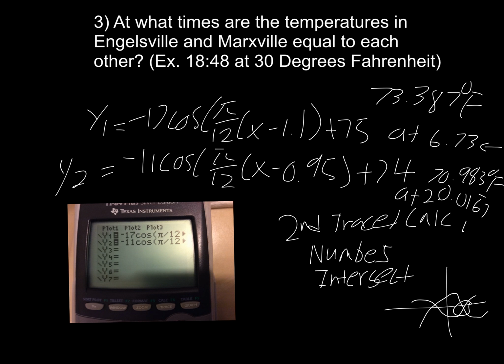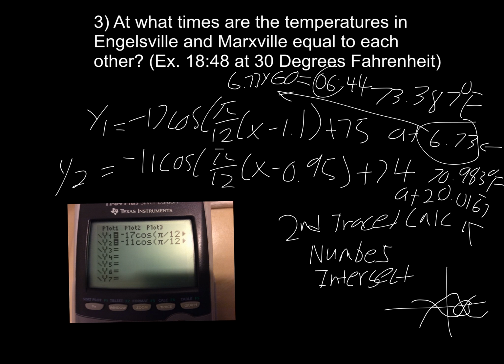And the only thing that you need to do is to convert from decimals to minutes now, since we're going to give the time. So from 6.73, you would multiply the decimal part by 60 to get 0644, because this would be in the 24-hour period, and when you multiply 0.73 by 60, you would get 44.